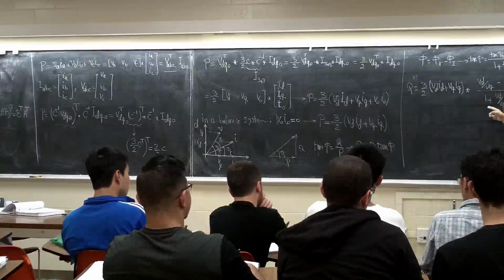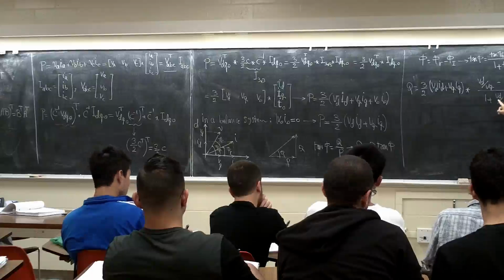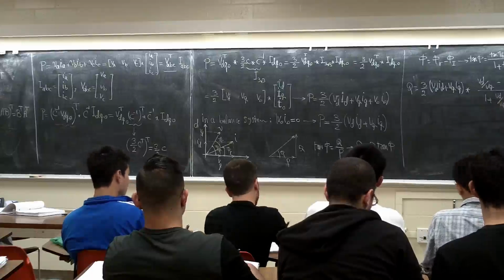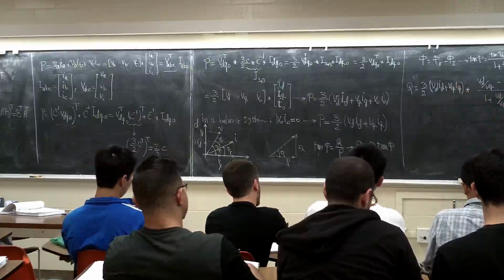Let's simplify this one. The Vd Vq plus Vd Iq plus Vd Id divided by Vq Iq part is going to cancel with this.